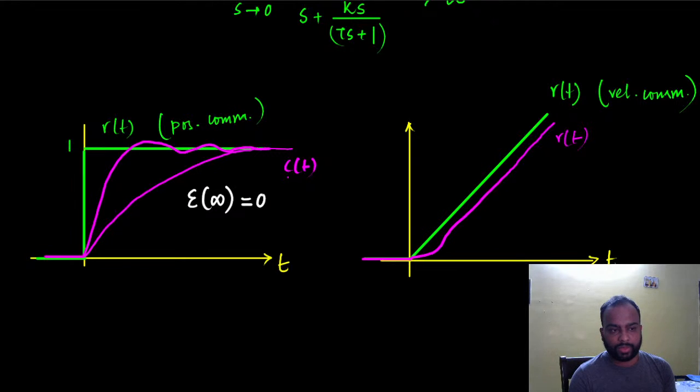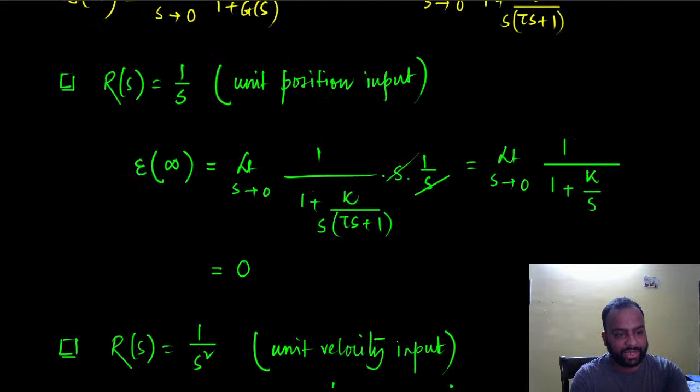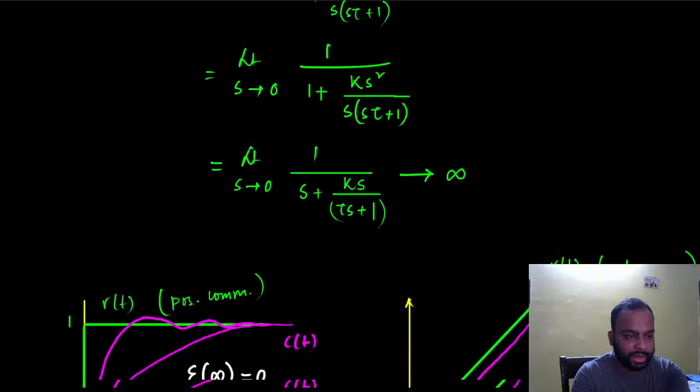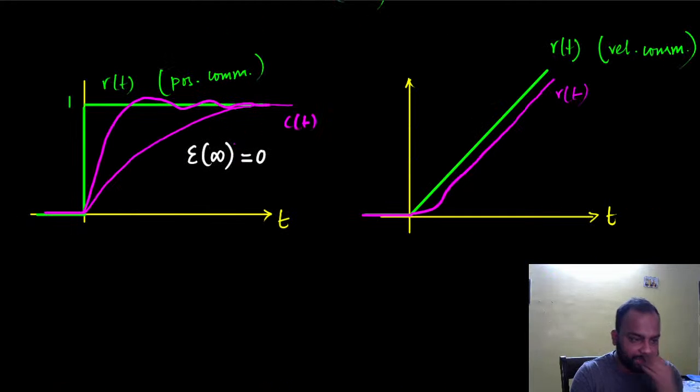Error would be zero, because that is what we have derived here mathematically. So the response would reach a value of 1, and if the input is 10, the response would reach a value of 10 in the steady state. Whatever it is, the response would reach that value in the steady state.